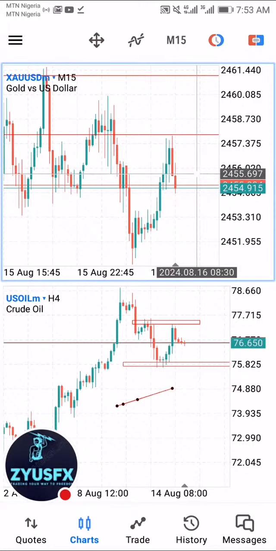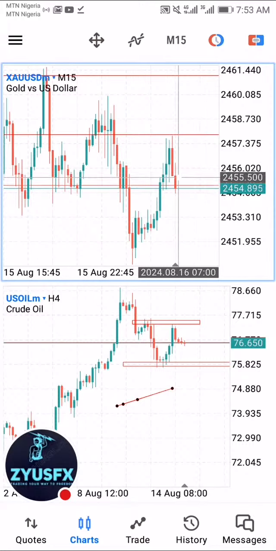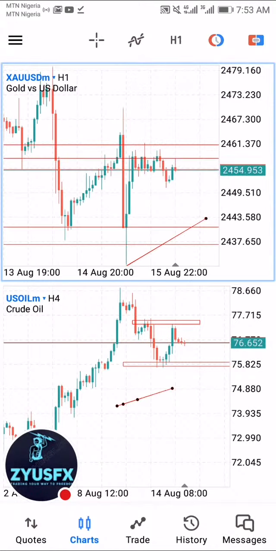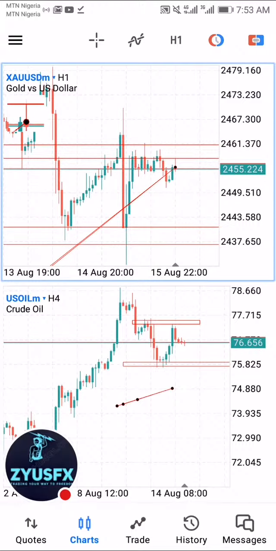Right now, any sell we take, our stop loss must be above this key level, and our stop loss range will be bigger. So all we are doing is we just want to reduce our stop loss range. That was why we're still waiting for price to at least pull back to 24.